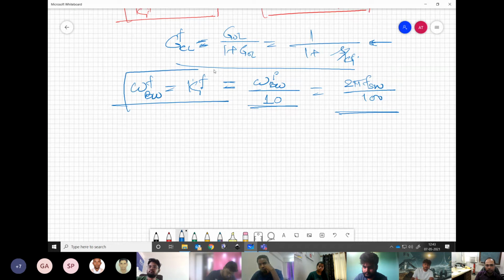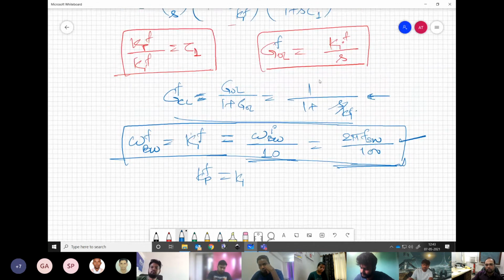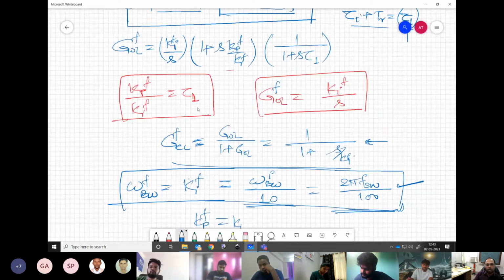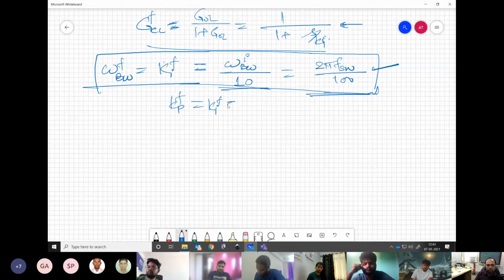So then your bandwidth, or you can say your KI for the flux controller, is designed. And if you know KI, you know KP also. This is what we have got: tau 1 into KIF. Clear? Any confusion here? Both the parameters are designed?